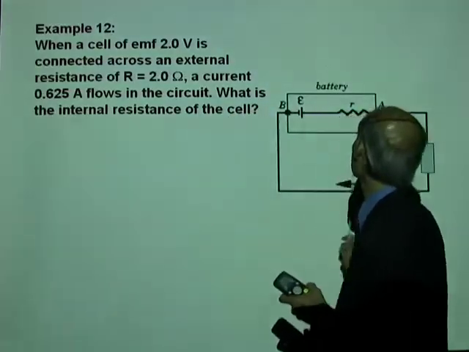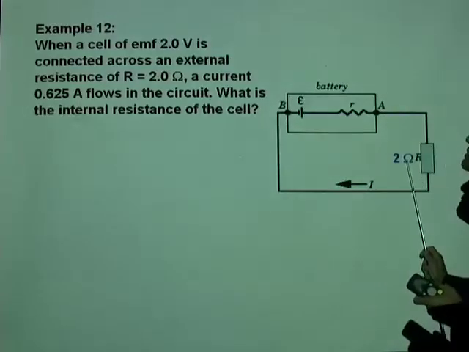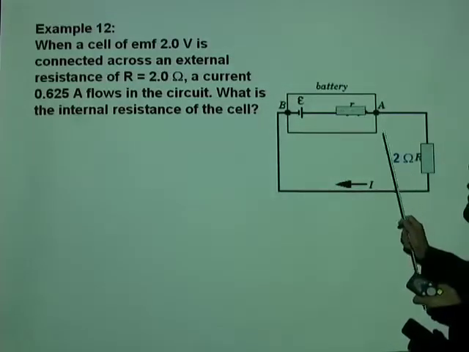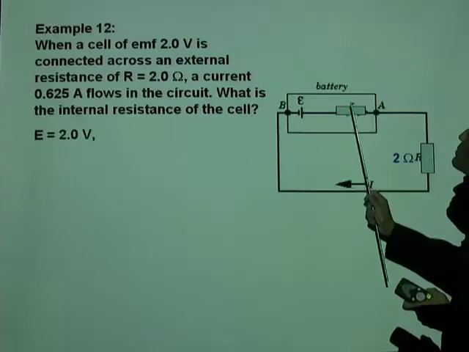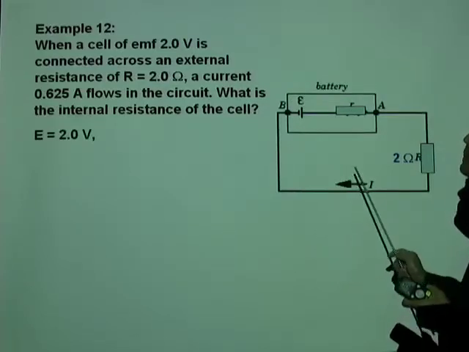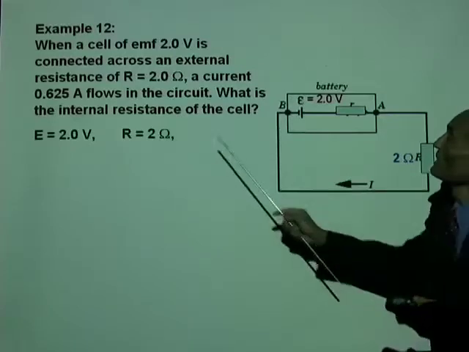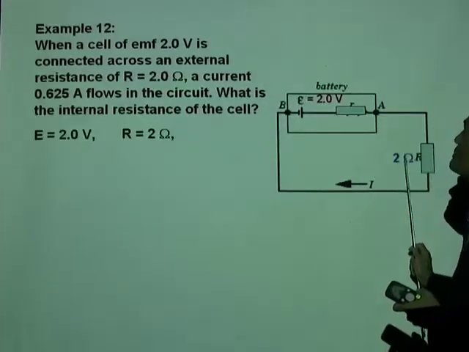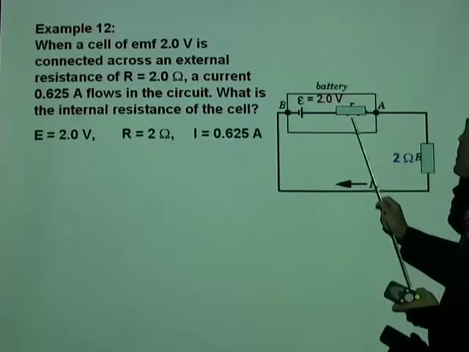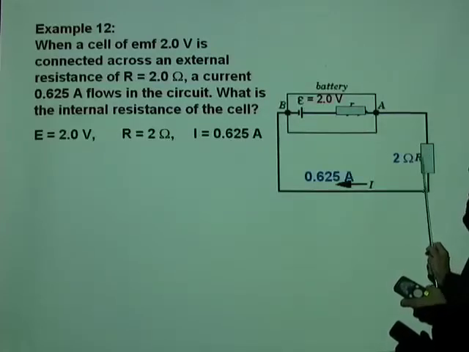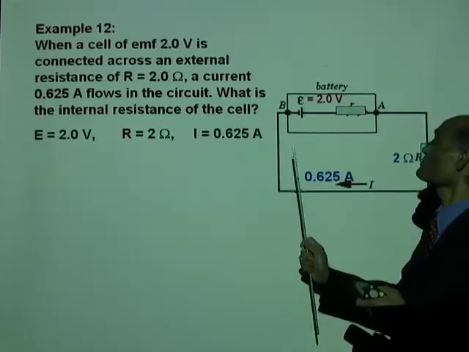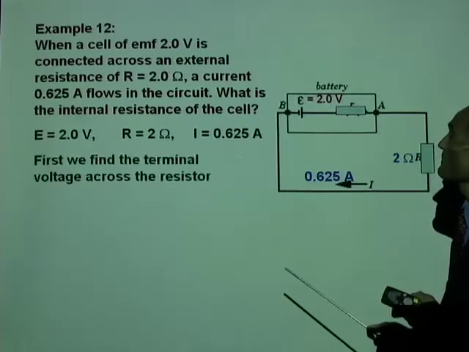Alright, so here we have an external resistor of 2 ohm and an unknown internal resistance. The EMF E equal to 2 volt. The external resistance is 2 ohm. And the current in the external resistance is 0.625 ampere.